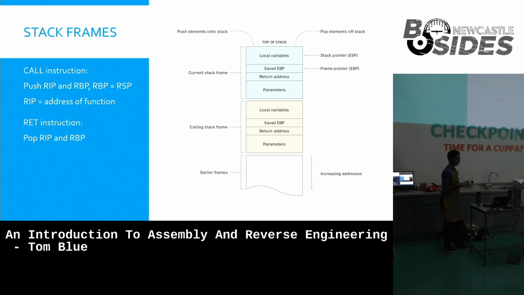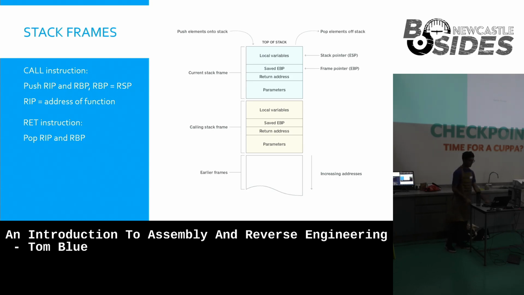And then when you return, you pop the instruction pointer back into the instruction pointer, and the base pointer back into the base pointer, because the stack pointer should, by the end of the function, be back at the bottom of the stack frame. And so the base needs to return to where the previous base was. And this is when the stack frame gets destroyed. So when variables go out of scope, it's because by the end of the function, the stack frame is destroyed.